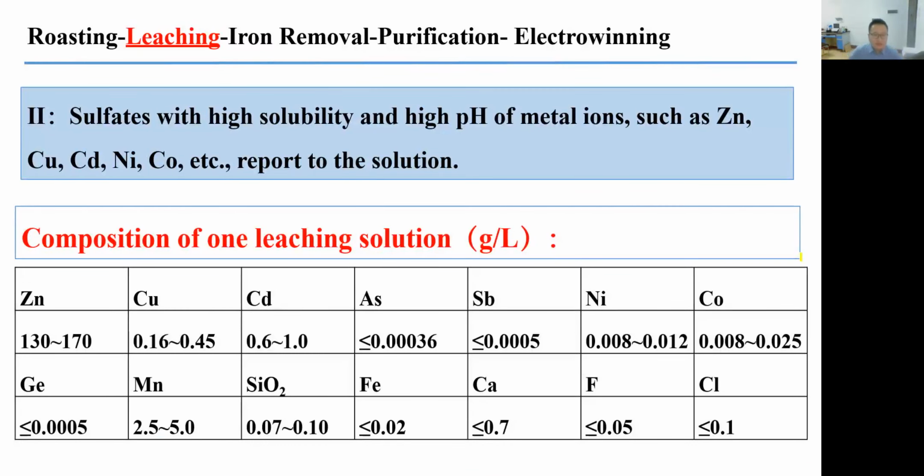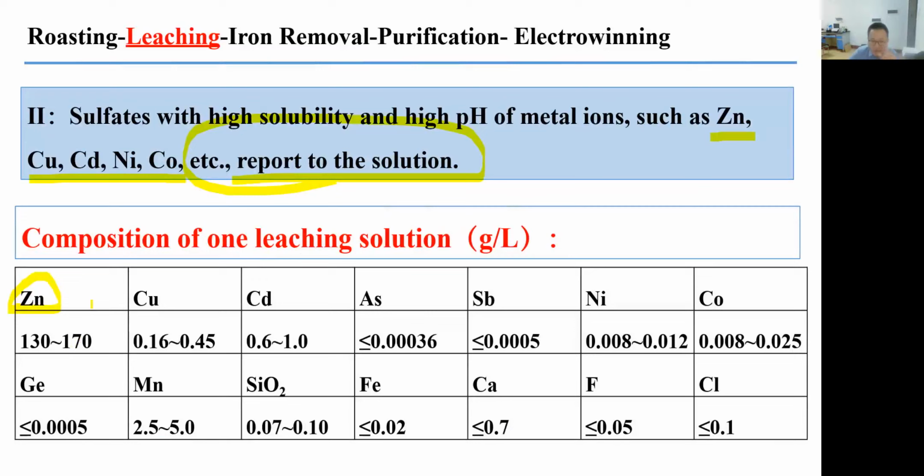And group 2 will be some elements which have high solubilities in the solution phase, like zinc, iron, cadmium, nickel, and cobalt, and they will report to the solution phase. In the leaching part, for the composition of the leaching solution of one smelter in China, we can find out that after the neutral leaching, the zinc content in the solution can be 100 to 170 grams per liter.